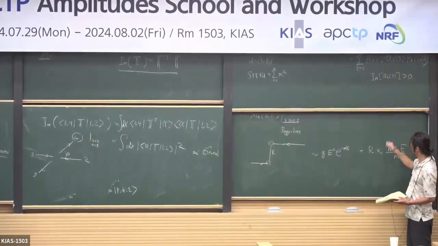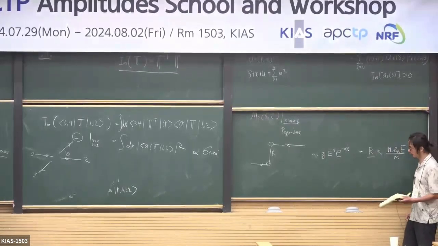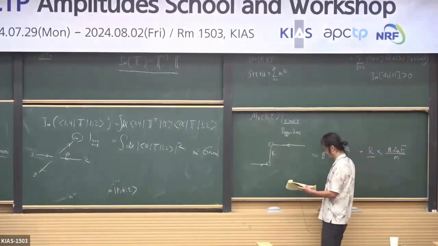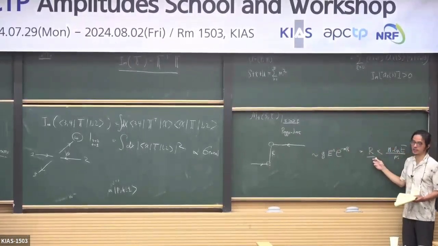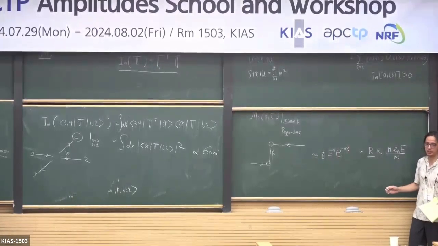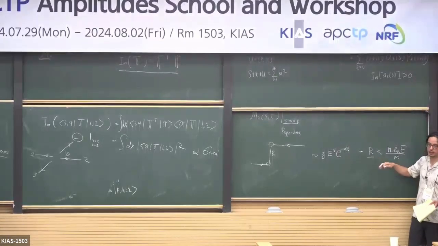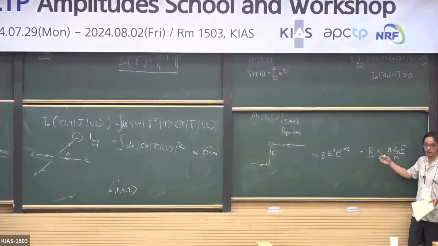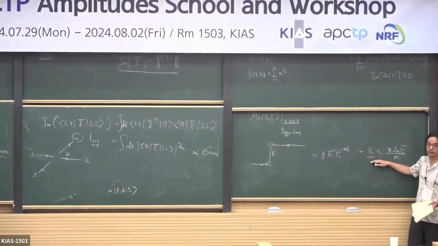Now, since you're no longer scattering at sufficiently large r, that means that your cross-section, which is an r squared, has to shut off at this value, right?